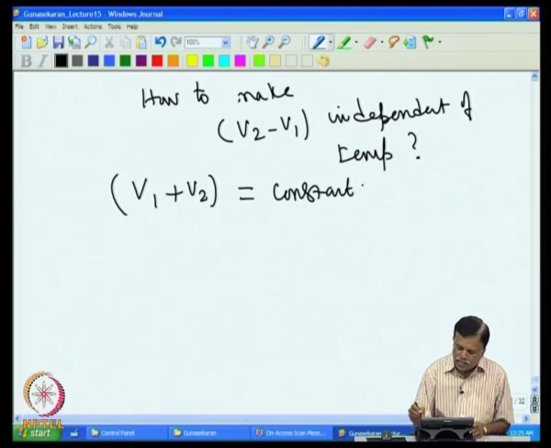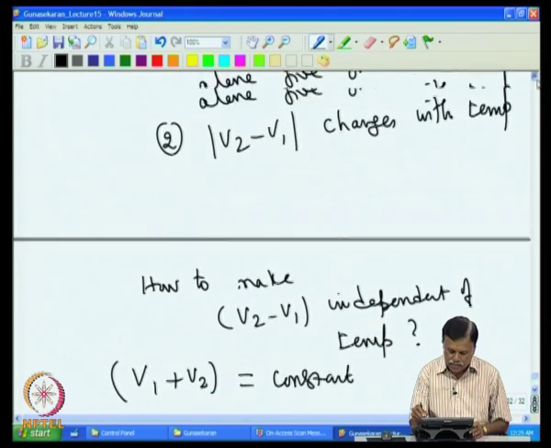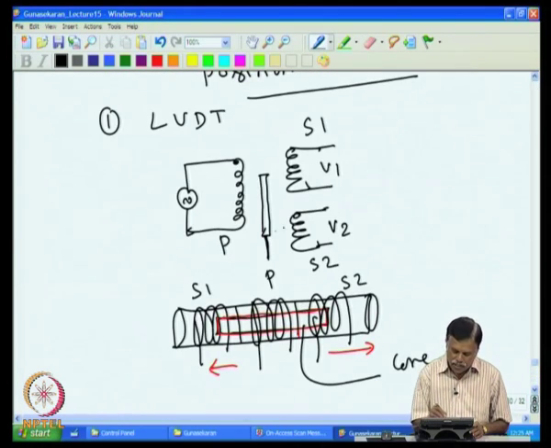This is because when we are moving the core, V1 is increasing and V2 is decreasing. For example, if I move the core upwards, then V1 is increasing and V2 is decreasing, but V1 plus V2 will always be constant. Similarly, if I move downwards, then V1 will decrease, V2 will increase, and again V1 plus V2 will be constant.